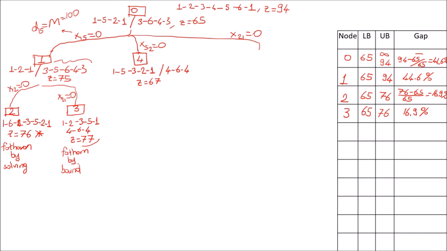Since this second subtour over here has 2 cities, we are going to use that subtour to branch, which means that we are going to branch into 2. Okay, so on this side we will set x4,6 equal to 0, and on the other side we will say x6,4 equal to 0.